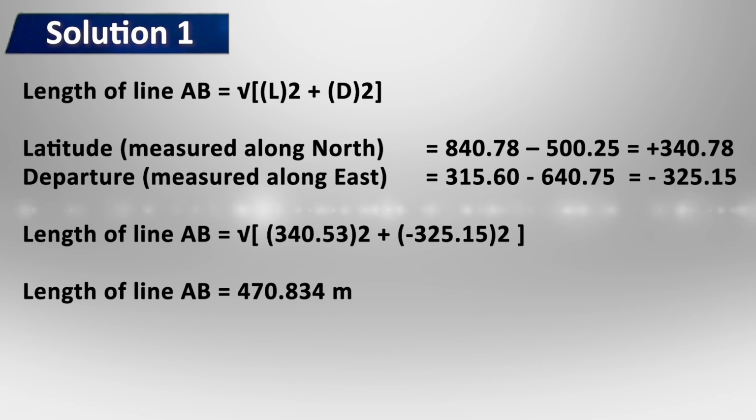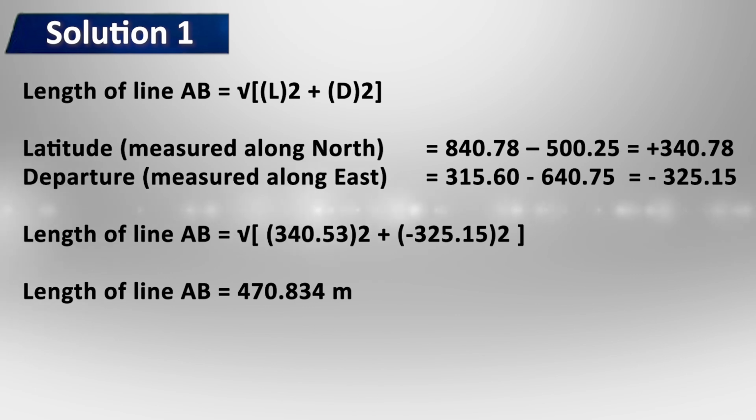The latitude of AB is equal to the difference between the north coordinates of points A and B, so it is equal to 840.78 minus 500.25, which is equal to 325.53. Similarly, the departure of AB is the difference between the east coordinates of points A and B.